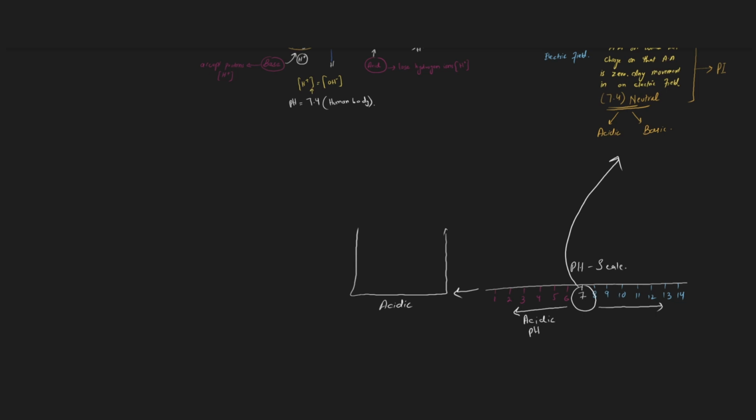Whenever the medium has acidic pH, the concentration of the hydrogen ions in that medium is high, and the concentration of the hydroxyl ions is low. While at the neutral pH, at almost 7.4, the concentrations of the hydrogen ions and hydroxyl ions are almost equal. So here in the acidic medium, the scenario is different.